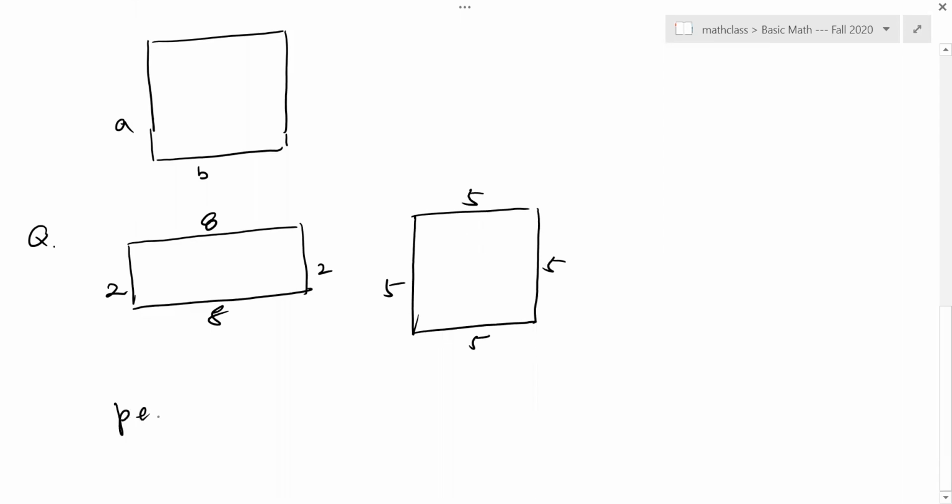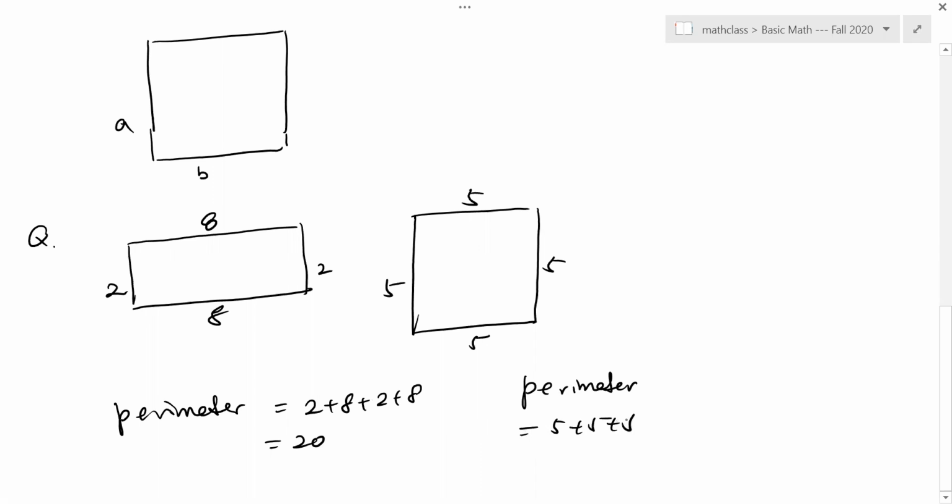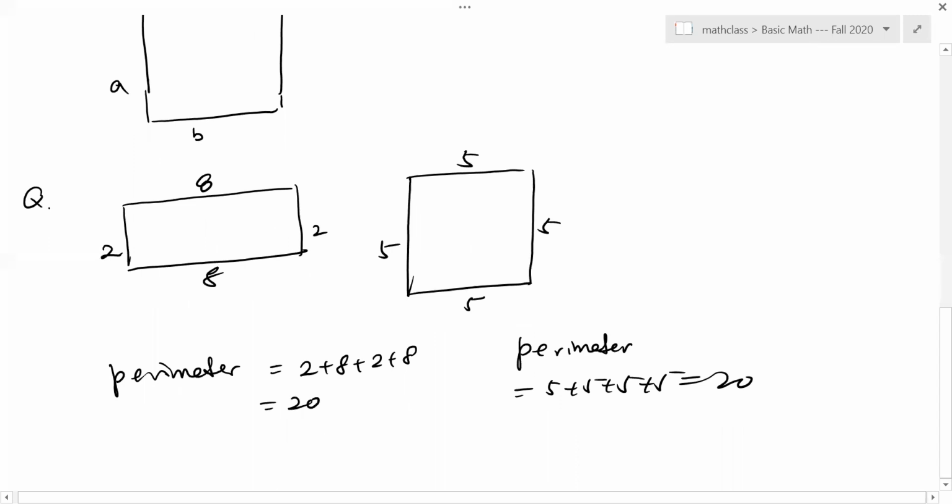On the left-hand side, the perimeter is 2 plus 8 plus 2 plus 8, so the total is 20. On the right-hand side it is 5 plus 5 plus 5 plus 5, which is also 20. So that means for these two rectangular regions, if you want to use a fence to enclose them, right?